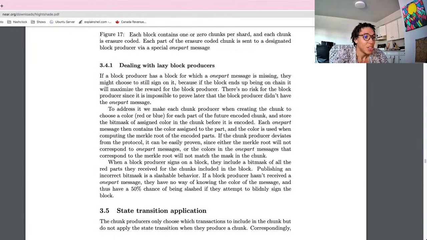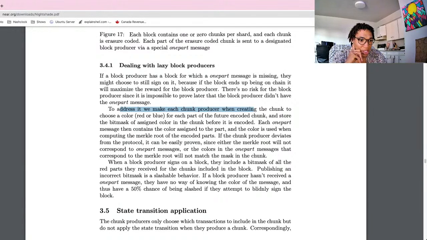That's not good. To address it, we make each chunk producer, when creating the chunk, choose a color, red or blue, for each part of the future encoded chunk, and store the bit mask of assigned colors in the chunk before it is encoded.